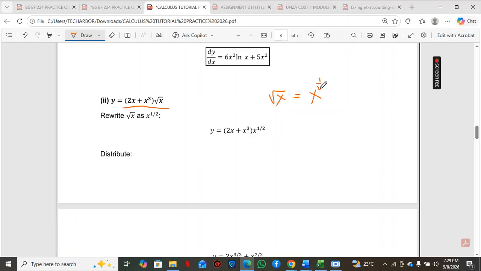Now I know most of you don't like fractions. You prefer decimals. So we can use decimals for this. So we can say 2x plus x cubed multiplied by x to the power 0.5.